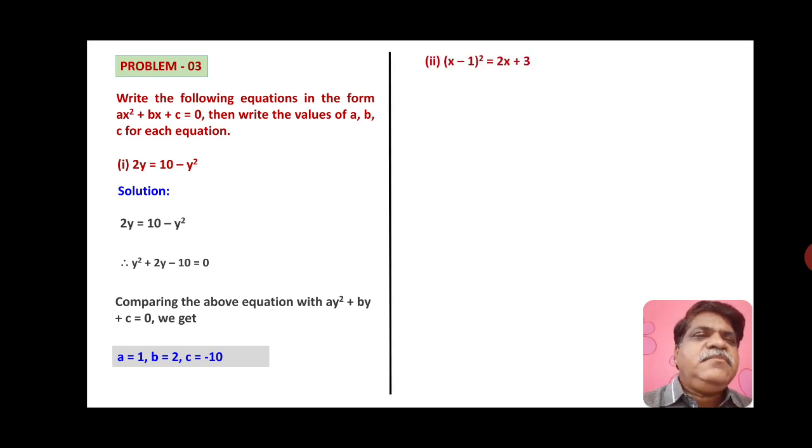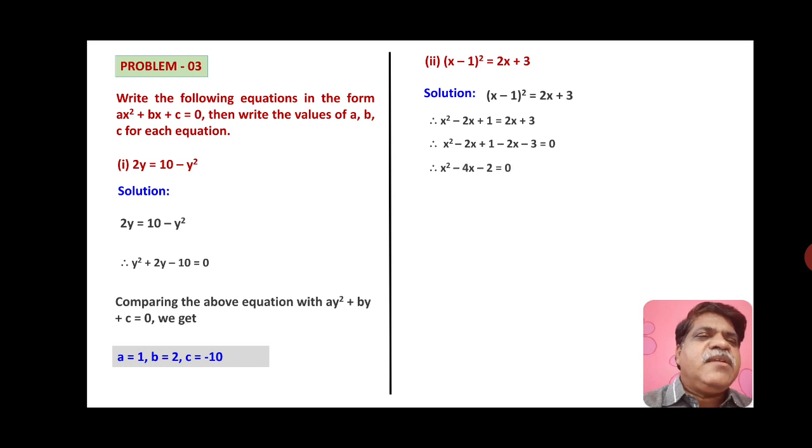Second, (x minus 1) bracket raised to square is equal to 2x plus 3. Friends, given (x minus 1) whole square is equal to 2x plus 3, we will expand the left hand side. Therefore, x square minus 2x plus 1 is equal to 2x plus 3. Therefore, x square minus 2x plus 1 minus 2x minus 3 is equal to 0.